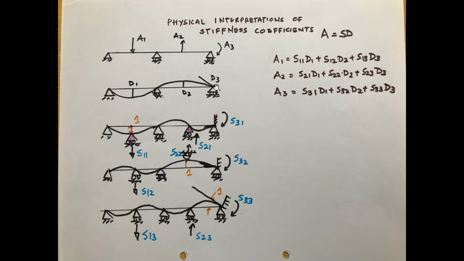But if I introduce rotation, there will be reactive moment. Without that, how can I introduce the rotation? Here in the last diagram, without the moment, how can I introduce the rotation? So I have to introduce a reactive moment here, something like this, S33. And here also why reactive moment?